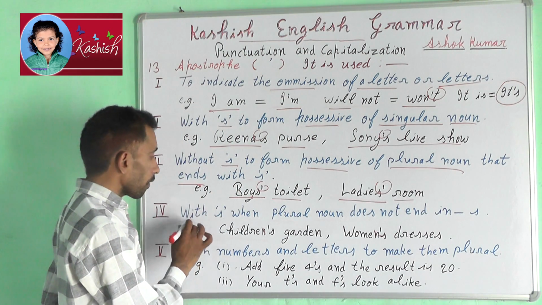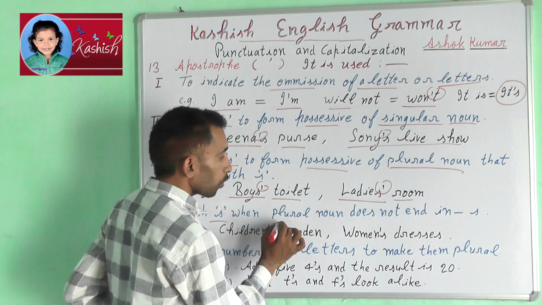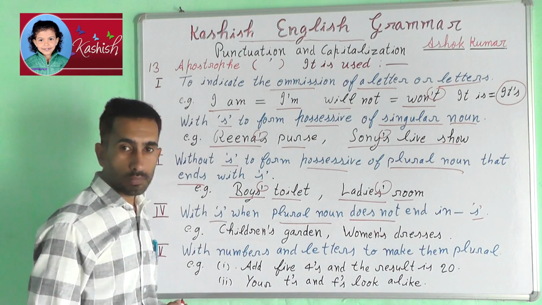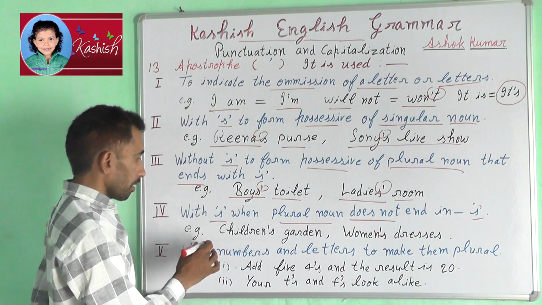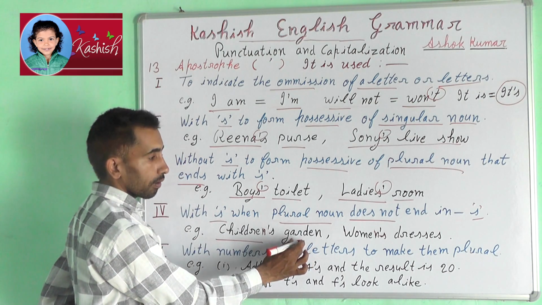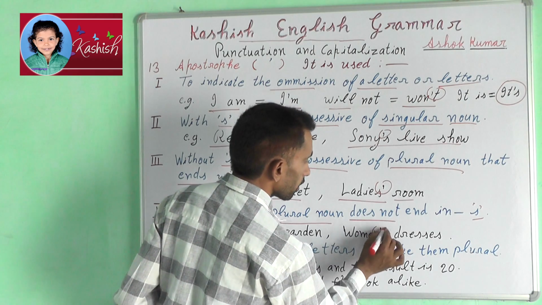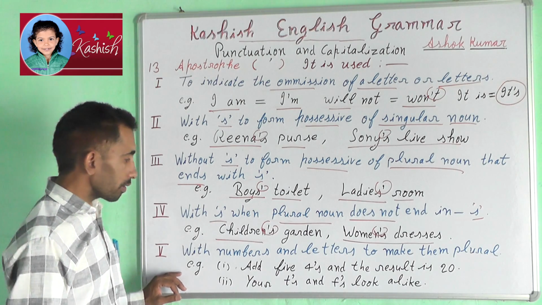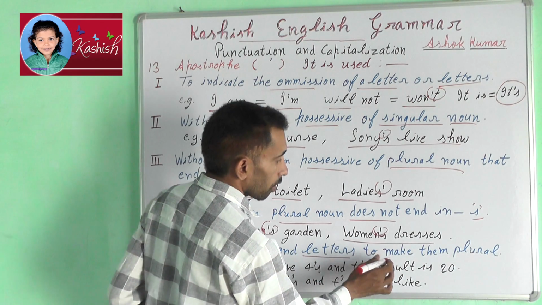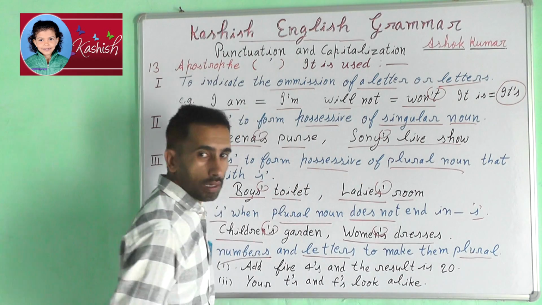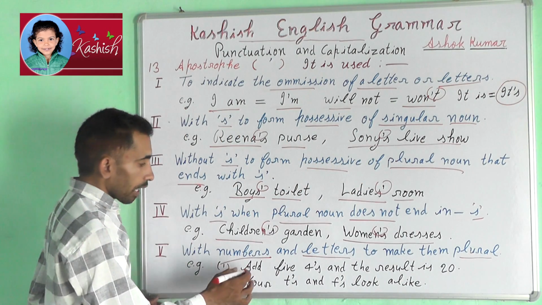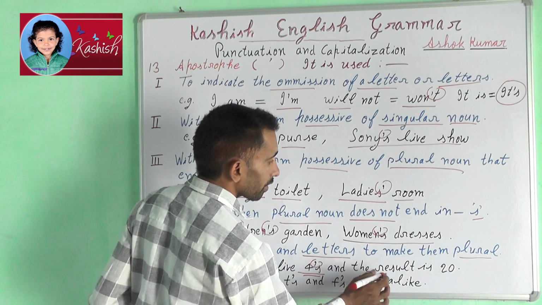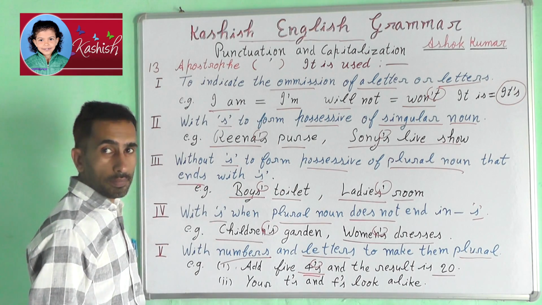Fourth, with s when a plural noun does not end in s. For example, children's garden, women's dresses. Fifth, with numbers and letters to make them plural. For example, add 5 fourths and the result is 20.